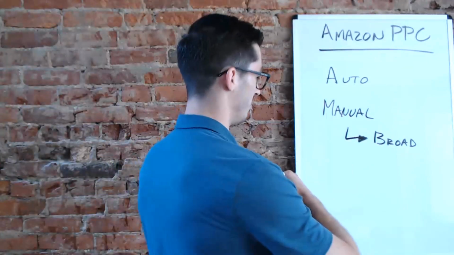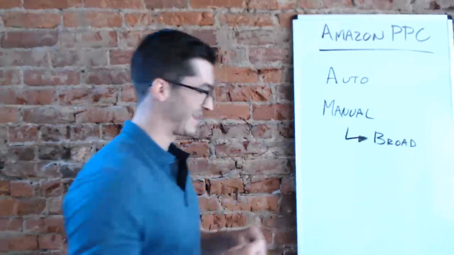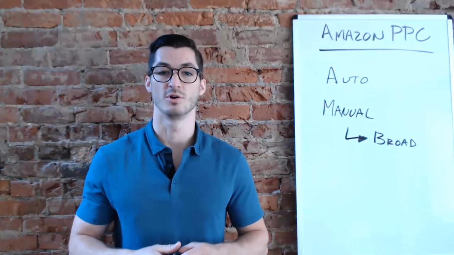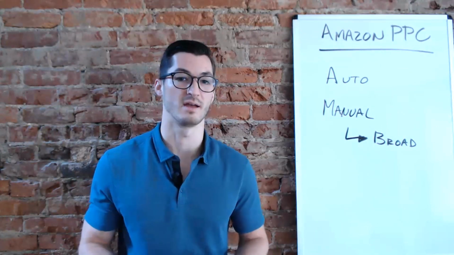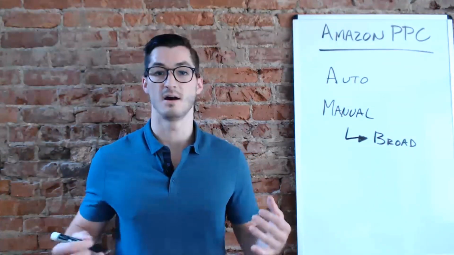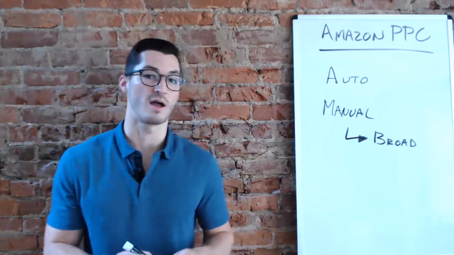So then, within the broad ad group, we need to input keywords. If we're using the high chair example again, I'm going to input 5 to 10 hyper-specific keywords that describe this product.